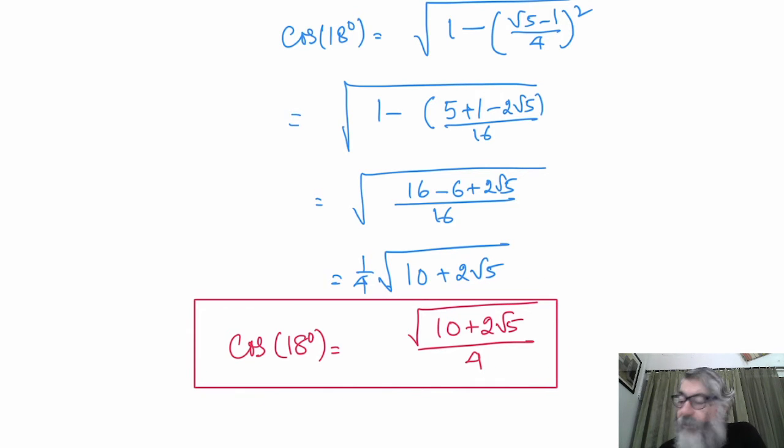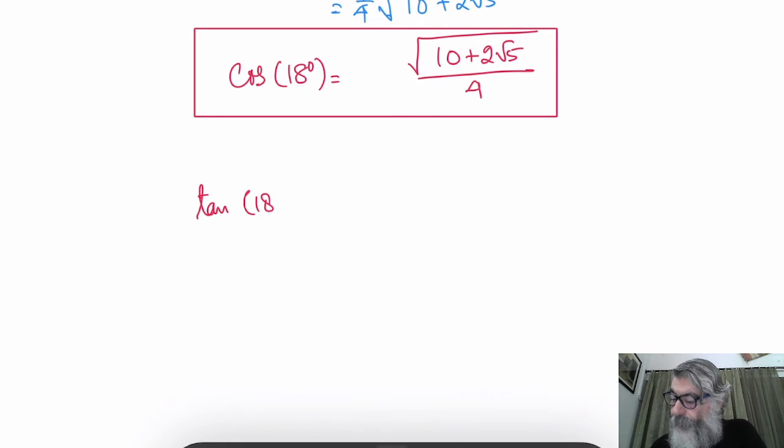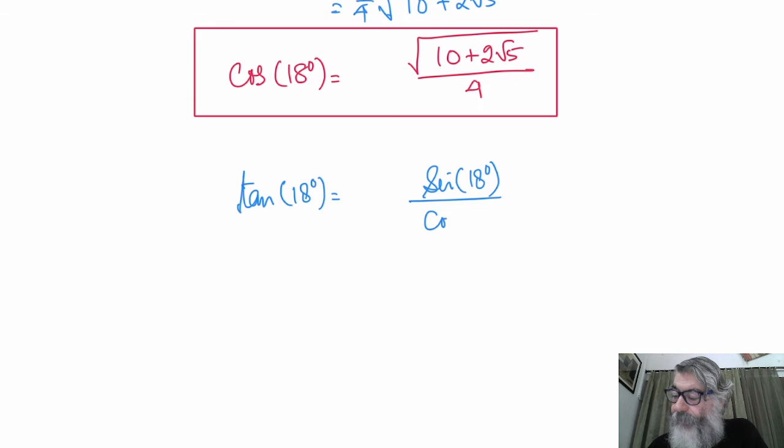Similarly, I can calculate the value of tan 18. Tan 18 will be sin 18 degree upon cos 18 degree.